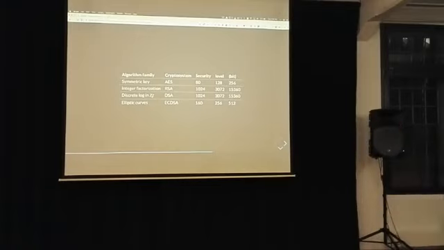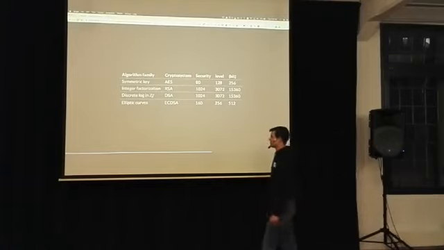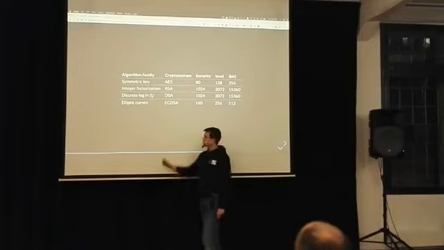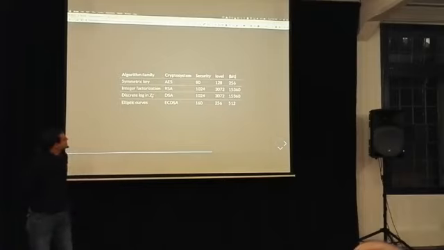Cool. So now the reason I was going to show this table was to summarize where we're at. So right now, we just finished talking about elliptic curves. And it turns out that they're very efficient.